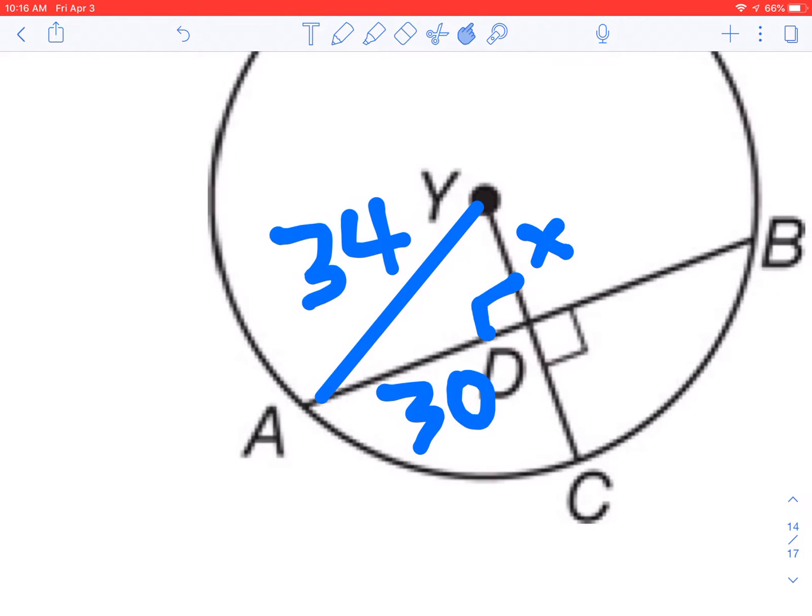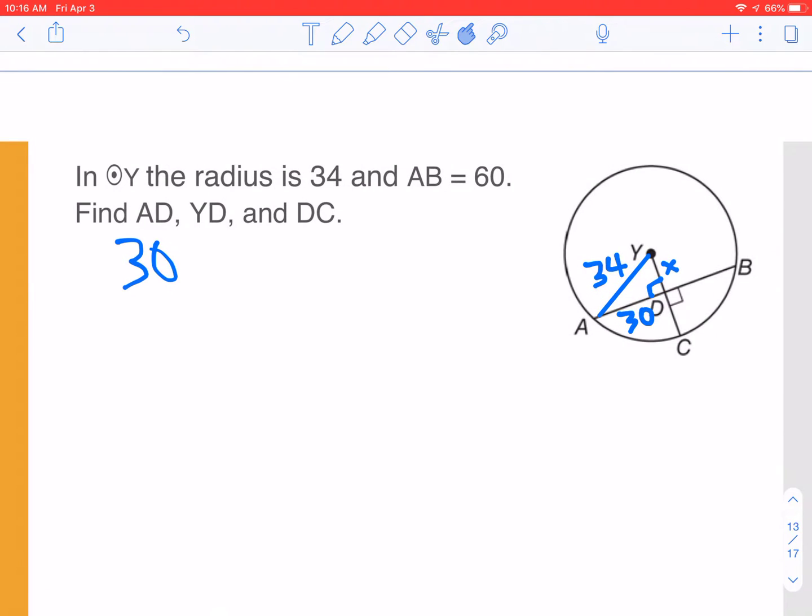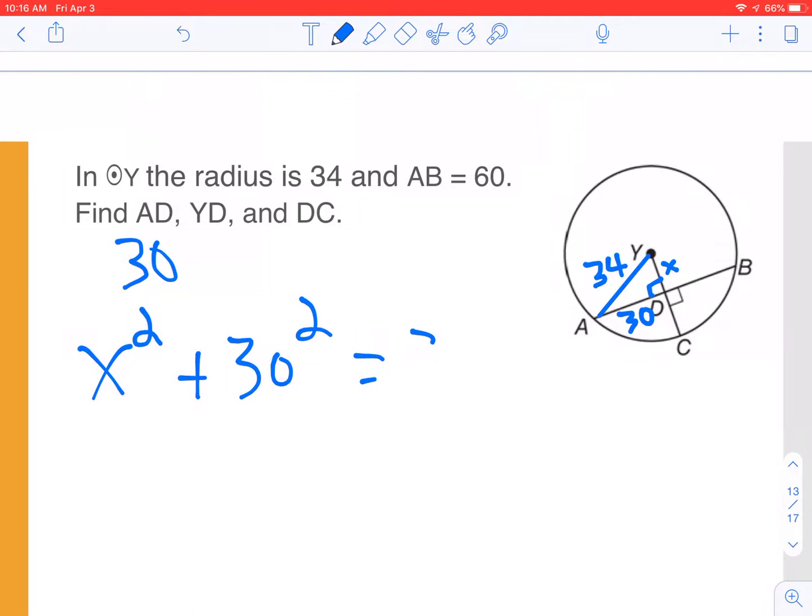So I'm not going to take my time and do all the work here. But x squared plus 30 squared equals 34 squared. And what we'll see, it's an 8, 15, 17 perfect right triangle, a Pythagorean triple.